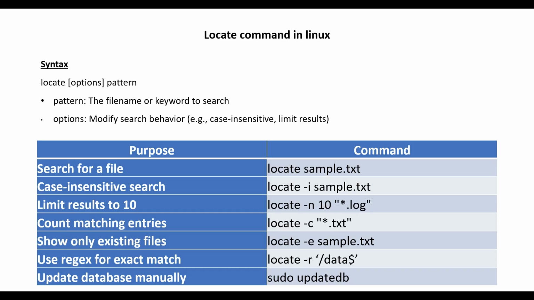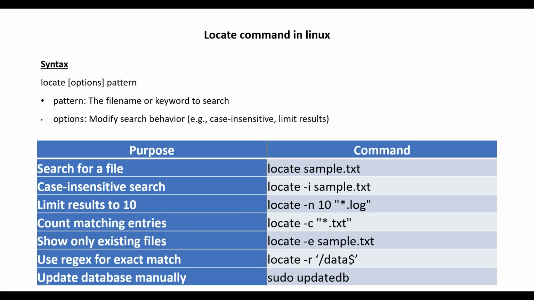Correct? Here we have one disadvantage. Whenever you create any new file or delete any file, you have to update the database. Only then will it reflect in the database and give you the correct information when you search. If you don't update the database, the newly created or deleted file will not be registered.